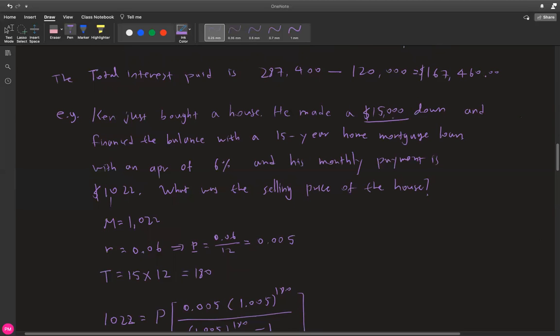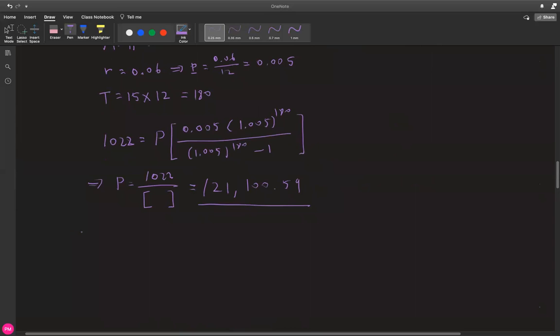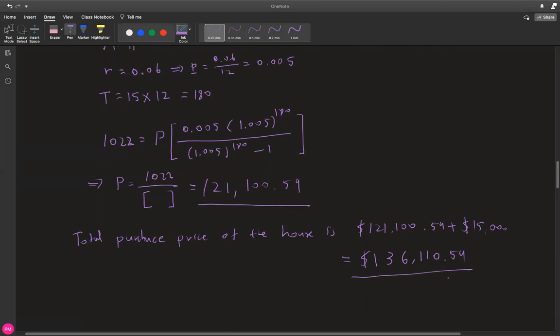So since the down payment is $15,000, the total purchase price of the house is given as $121,100.59 plus $15,000, and that is going to be $136,100.59. So that is the purchase price of the house.